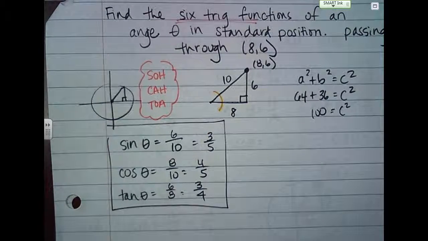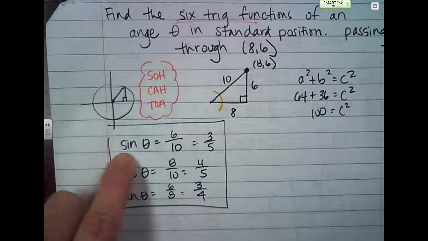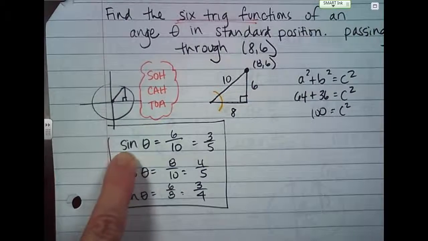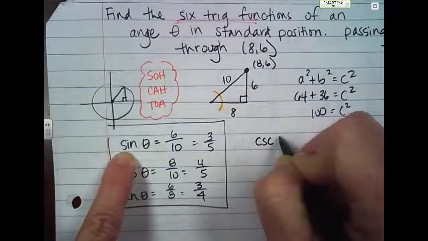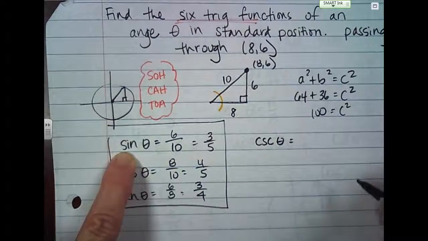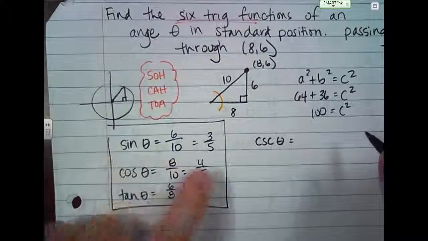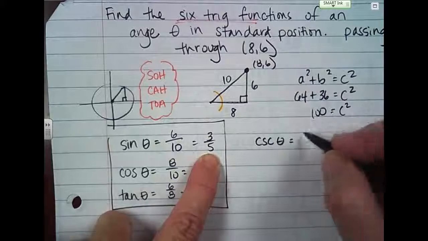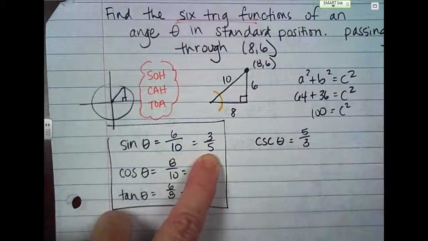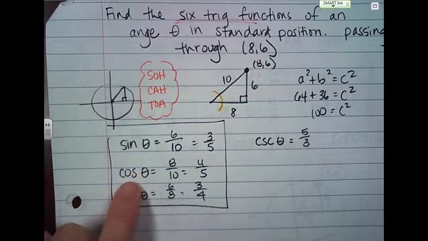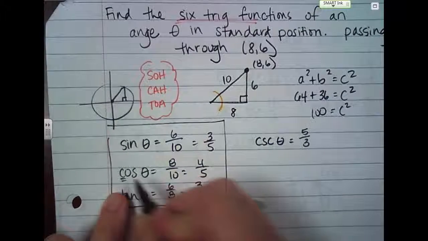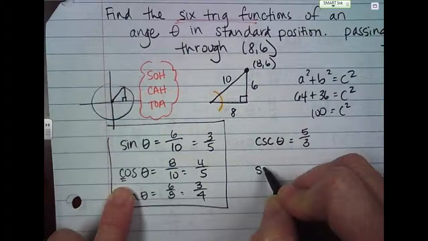So now let's do the reciprocals. Remember, sine starts with an S, so its reciprocal starts with a C, so that's the cosecant. Okay, then I'm going to flip it. Not 3/5, it's 5/3. It's the reciprocal. Cosine starts with a C, so its reciprocal starts with an S, secant.